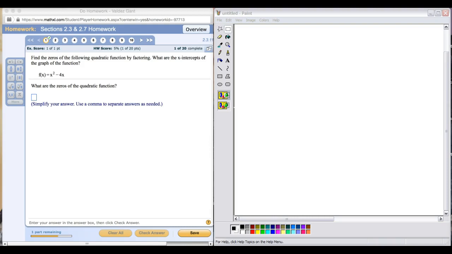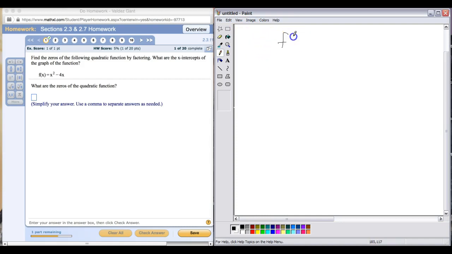All right, so we'll start with the first problem. It says find the zeros of the following quadratic function by factoring, and then what are the x-intercepts. Since we have a quadratic function, whenever we want to find the zeros of it, we need to set it equal to 0.